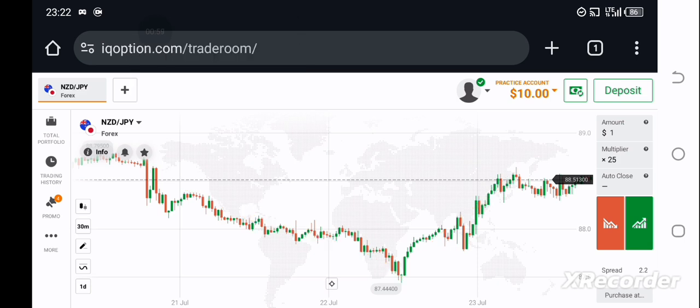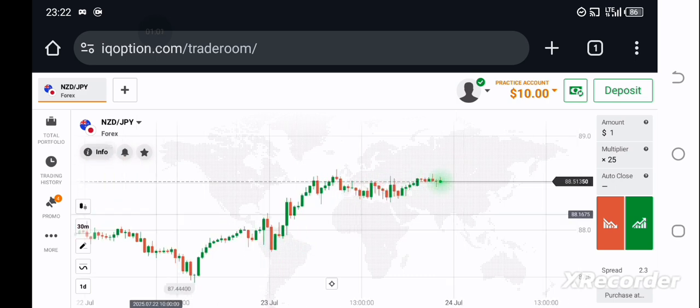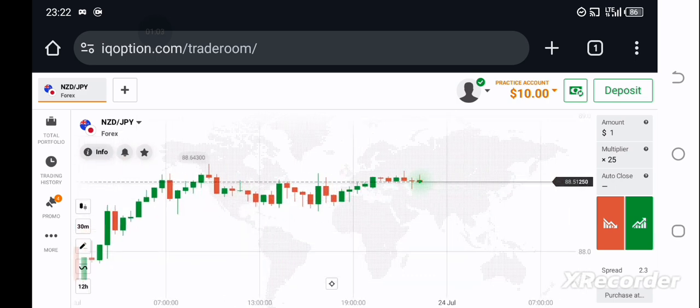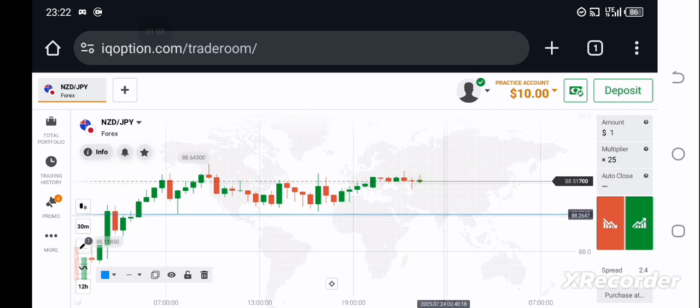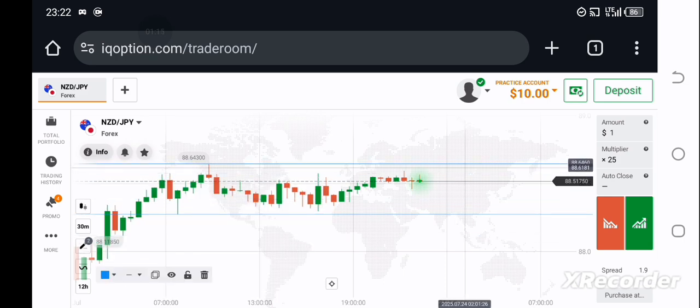Okay, so this is an example of a flat market. Okay, the market is moving within a range. It is moving within a range. Look at the range of the market.